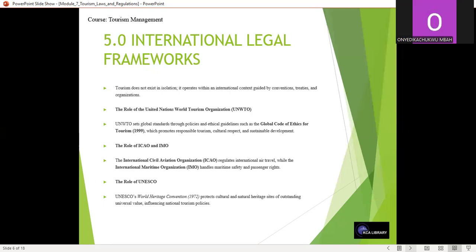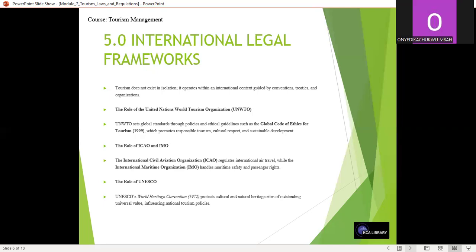We also have the role of ICAO and IMO. The International Civil Aviation Organization is responsible for regulation of international air travel, while the IMO, International Maritime Organization, handles maritime safety and passenger rights.